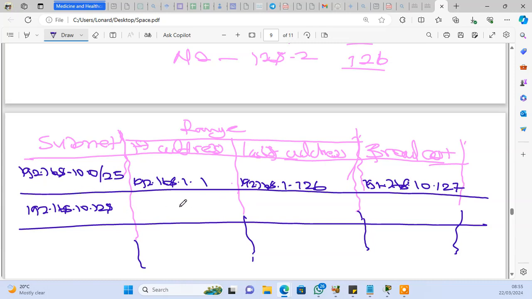Then the second network here. Try to use the magic number and you get the next group, so that it helps us to get the IP address this side. So if I add the magic number, which is 128, then automatically it will give me 192.168, then dot, and adding 128 gives 256, and we cannot write 256.